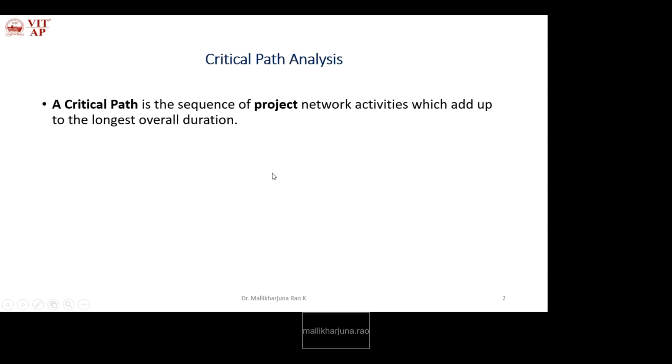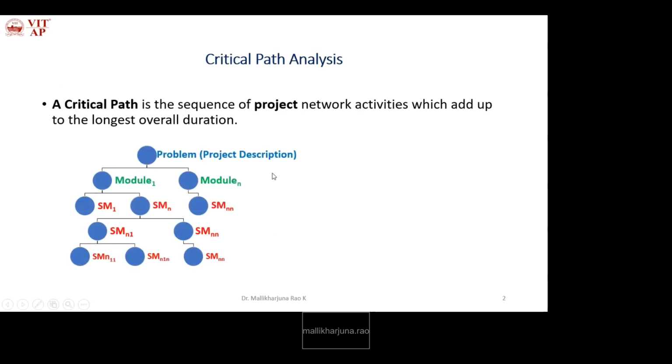So generally, software project development starts with the given problem being divided into various modules, and each module is further divided into various submodules, and each submodule is further divided into sub-submodules until we reach the lower level elements called objects or grains.